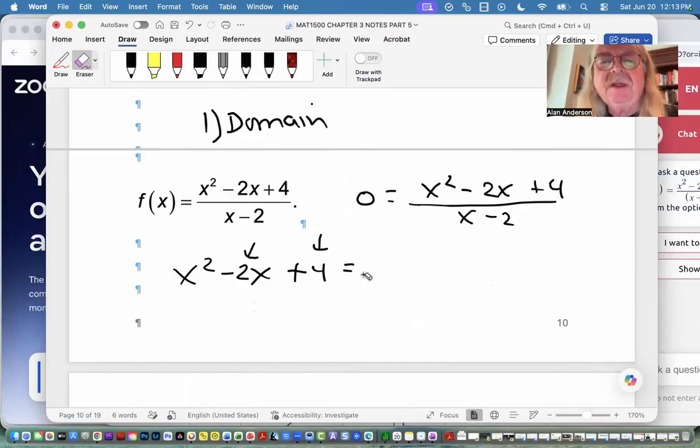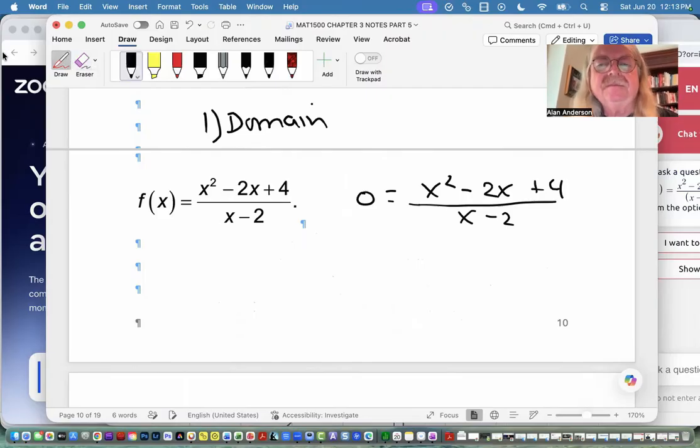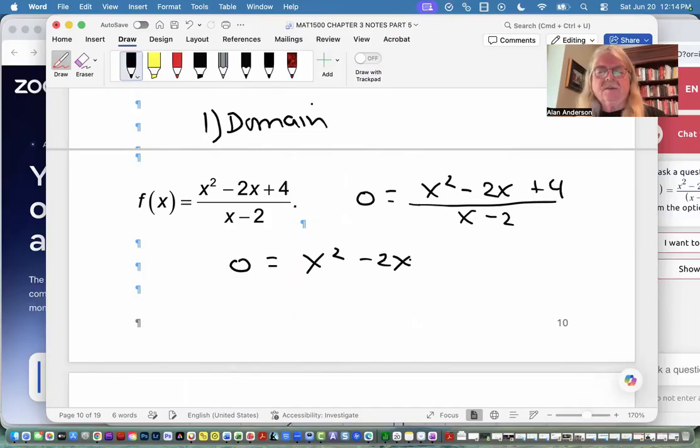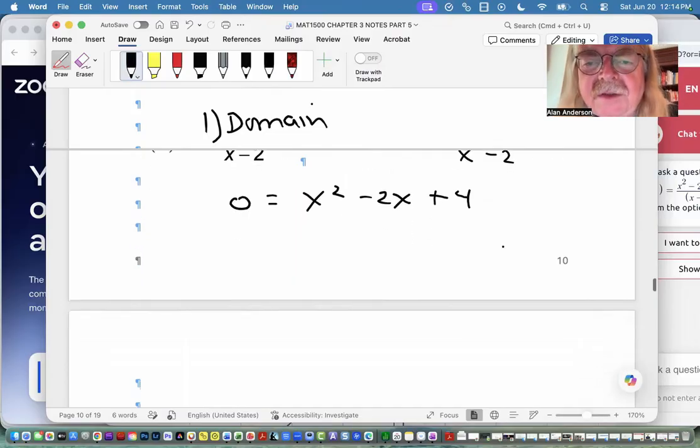We'll just multiply both sides by x minus 2, and that reduces it to x squared minus 2x plus 4. We have ourselves a quadratic equation here, but it doesn't appear to be something that can be factored. So instead, we can use the quadratic formula.